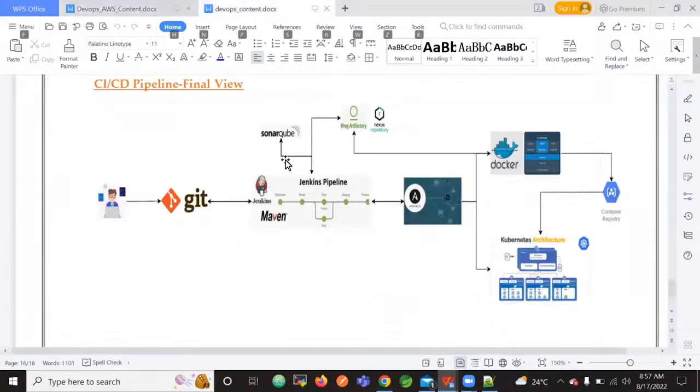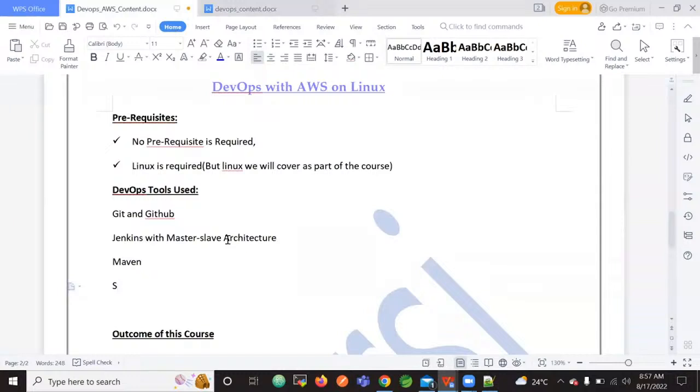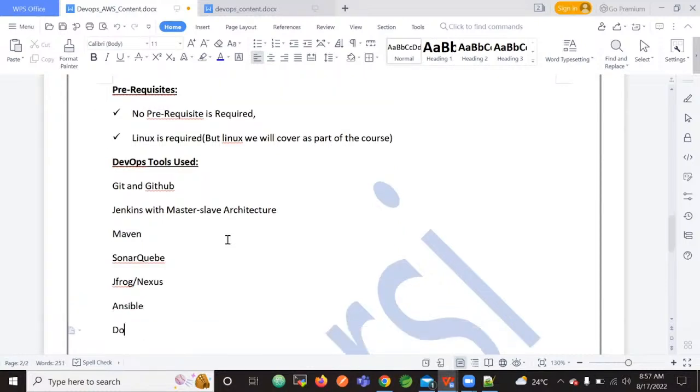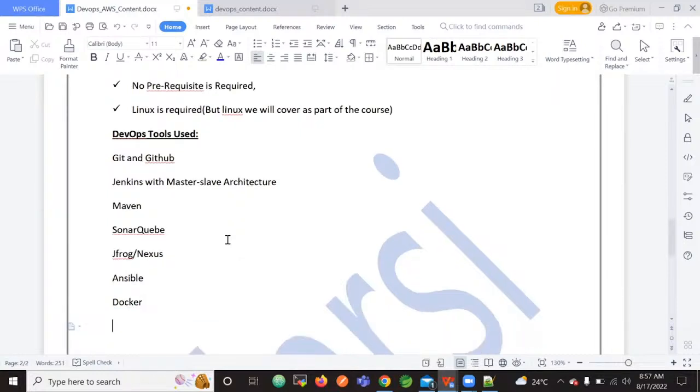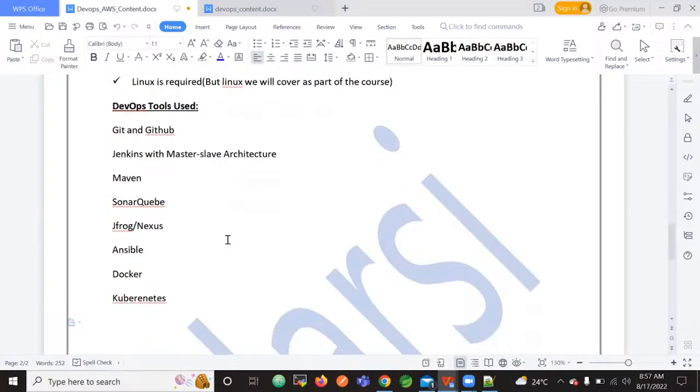Then SonarQube. Then JFrog or Nexus Artifactory. Then Ansible. Then Docker. Then Kubernetes. Then Grafana and Prometheus.